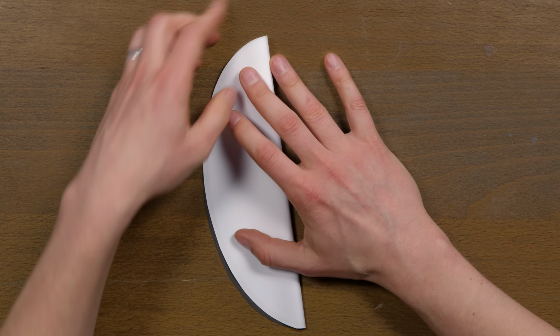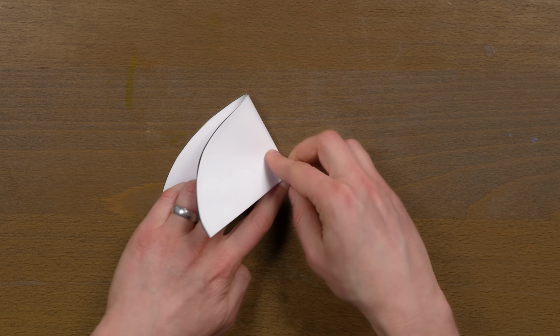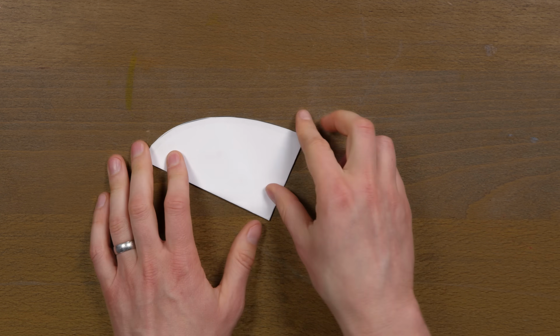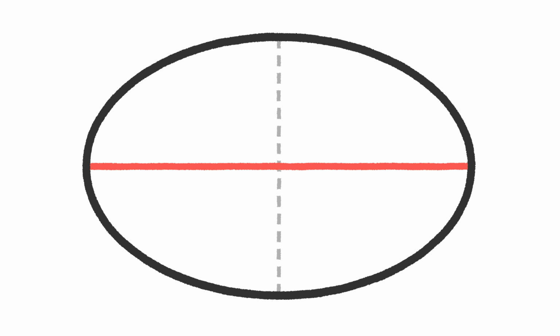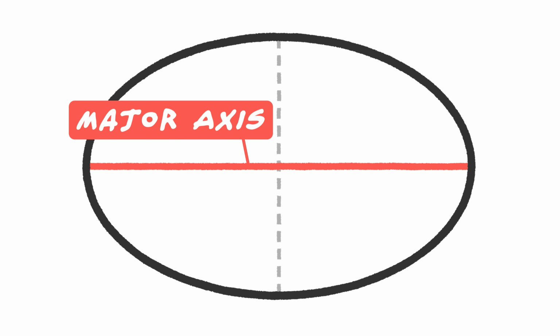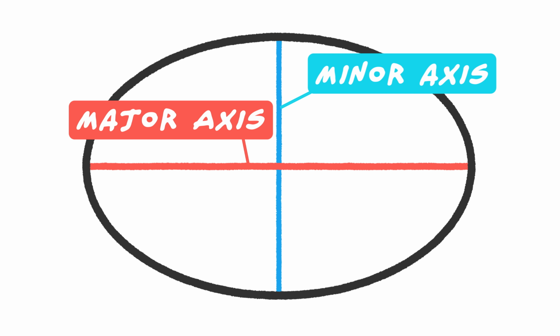If you want to be specific, you can call it an ellipse if it passes the fold test. If you fold the ellipse along the longest part, and then again perpendicular to it, you can see that the 4 quadrants align perfectly. And by the way, the longest line is called the major axis, and the short line, perpendicular to it, is the minor axis.